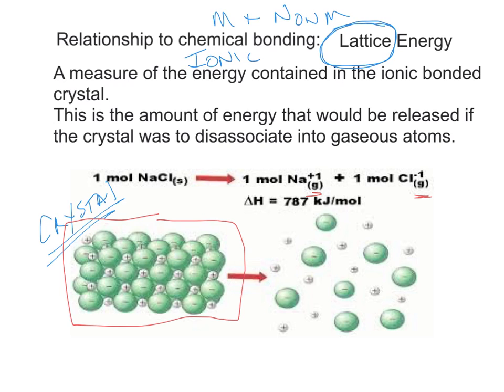Now this here could be sodium and chloride. So this could be a salt crystal of sodium chloride, and we would have a +1 charge and a -1 charge, and the distance that those are held together would tell me how much lattice energy that is.